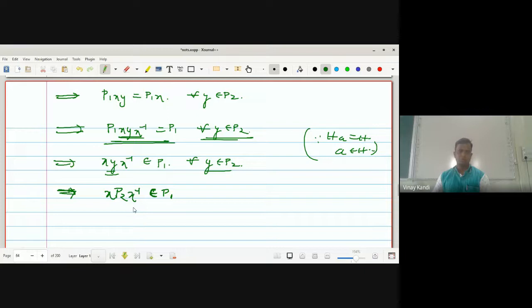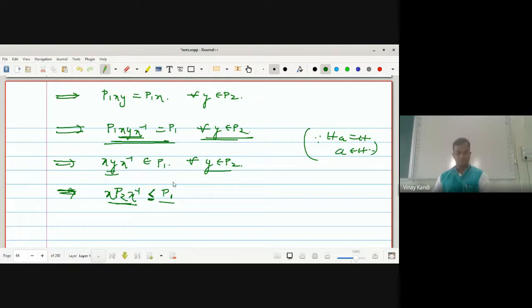This implies X P2 X inverse is the subgroup of P1. या टाइपचा प्रत्येक एलिमेंट belongs to P1. That means X P2 X inverse is the subgroup. group ठेवलं ना आपण, तो एलिमेंट नाहीये तो सबसेट आहे. Any doubt? This is the subgroup of P1.